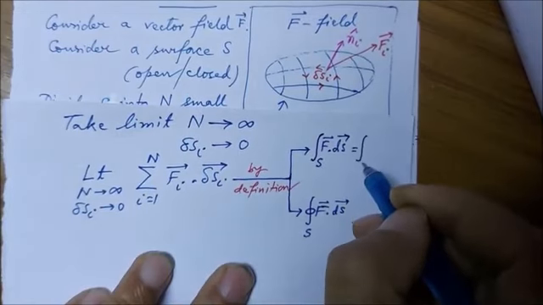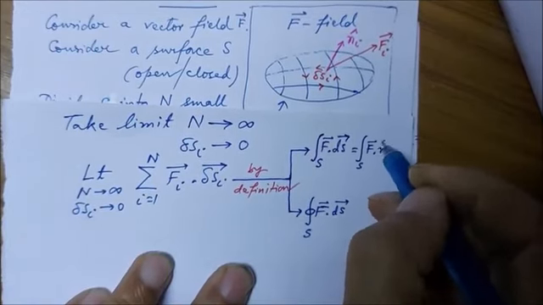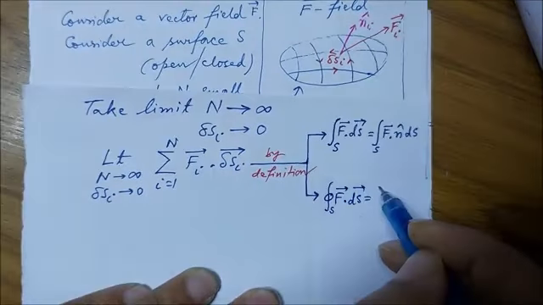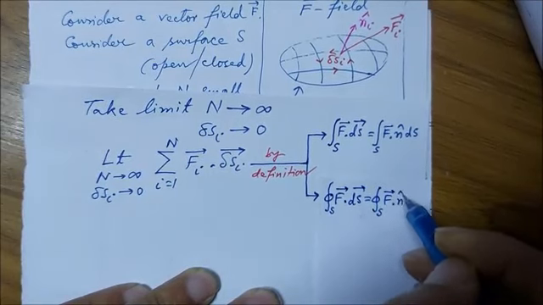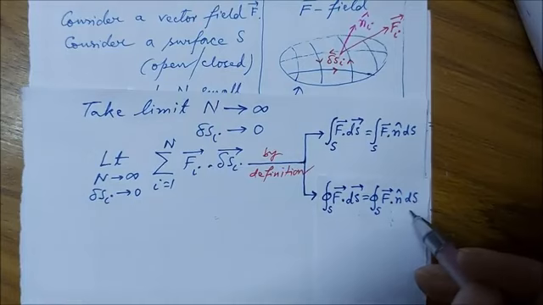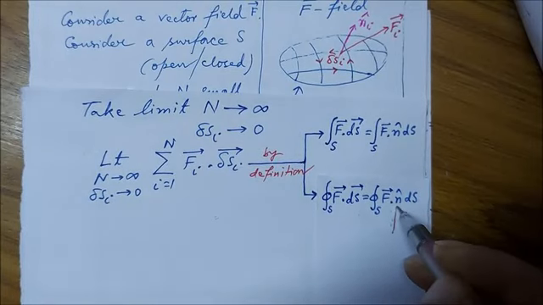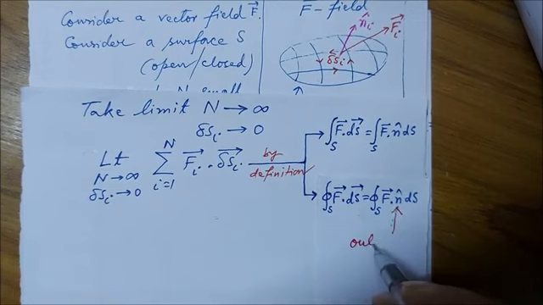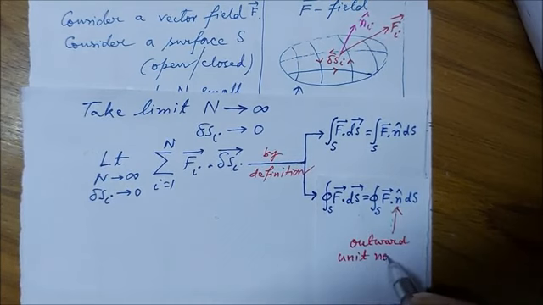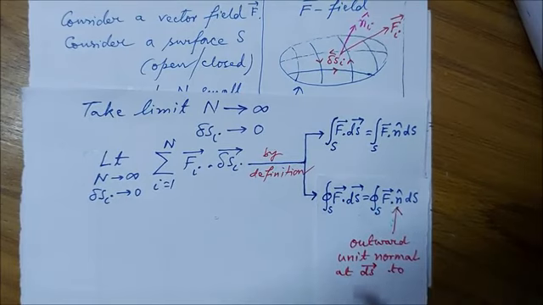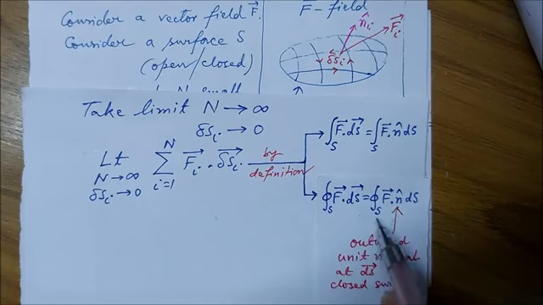Alternately, this can be written as, and we have to be careful that this n cap represents the outward unit normal at the surface element vector dS to closed surface S.